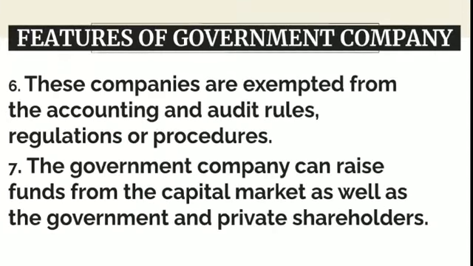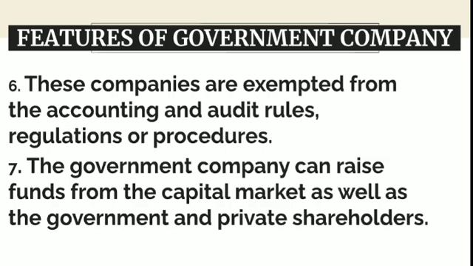The next feature, the sixth feature, is these companies are exempted from the accounting and audit rules, regulations or procedures. So these companies are actually excused or exempted. They are kept away from accounting and audit rules or formalities, because an auditor is appointed by the government themselves, and the annual report is to be presented in the parliament or the state legislature.